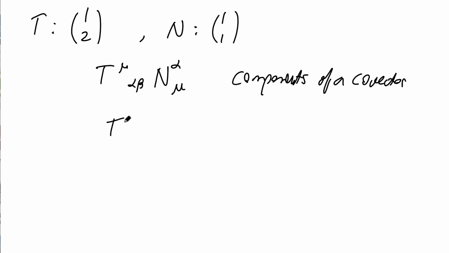Is this T acting on N, or is it N acting on T? It's really a little bit of both. It's really the covector part of N acting on the vector part of T, and this first slot covector part of T acting on the vector part of N. So there's not really a good notation for it, but in terms of the components, it's very simple and clear.